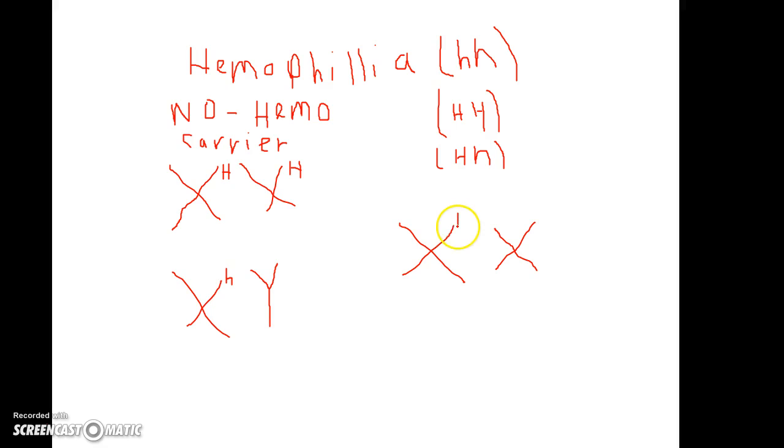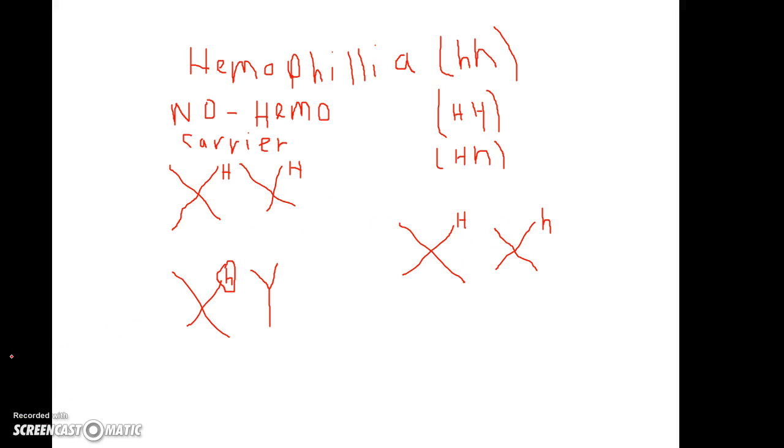And then this mom might be a carrier, because to make a carrier, we're going to have a big H and a little h. Okay? So this is how we write sex-linked traits. We write the X or the XY, and then we put the traits as exponents next to them.